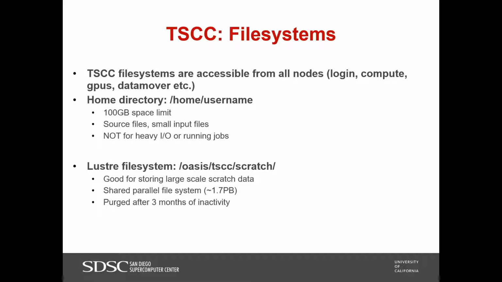That's a shared parallel file system designed for running jobs, and it will give very good performance if your jobs are running in parallel. But just keep in mind, there's a purge policy on the Lustre file system. So if your files are not accessed after 3 months, they will be subject to being purged.